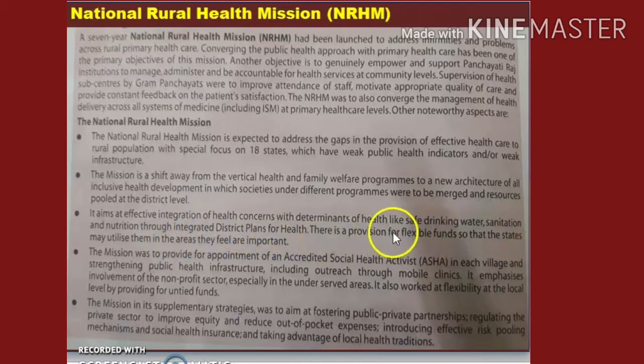There is a provision for flexible funds so that the states may utilize them in the areas they feel are important. So the mission was to provide for the appointment of ASHA workers, that is accredited social health activists, in each village and strengthen public health infrastructure, including outreach through mobile clinics.